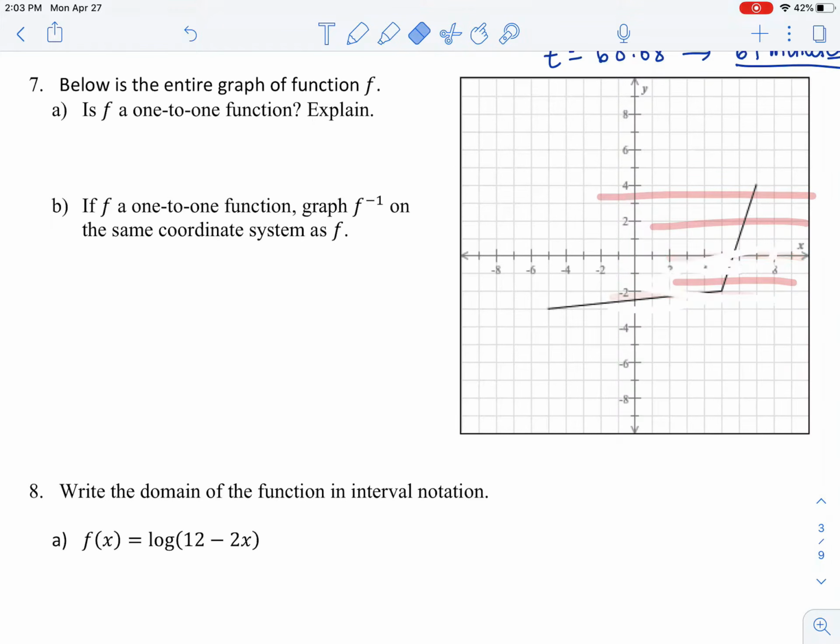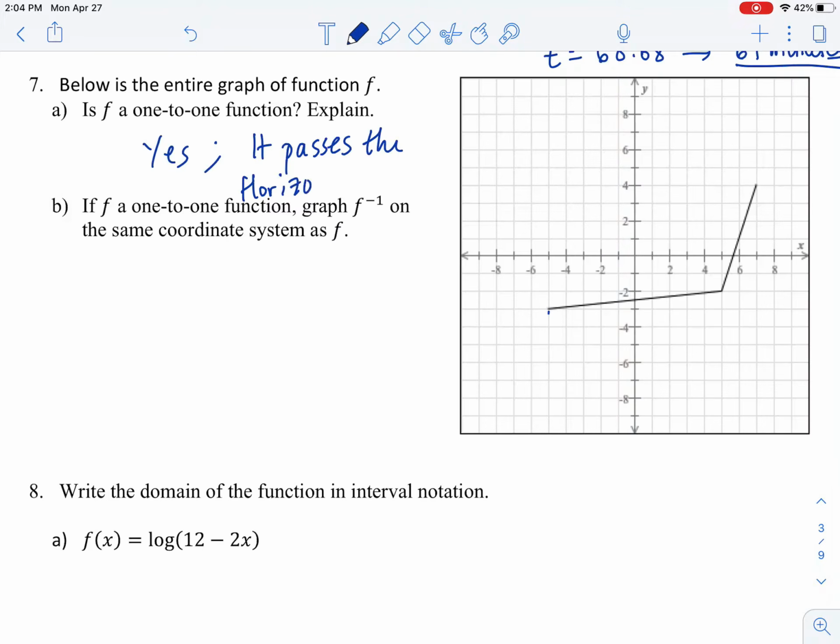The slope is kind of small here, but as you can see, this function is increasing. It's going up, going up, going up, right? It's never flat anywhere. So yes, it's one-to-one, and to explain, it passes the horizontal line test.